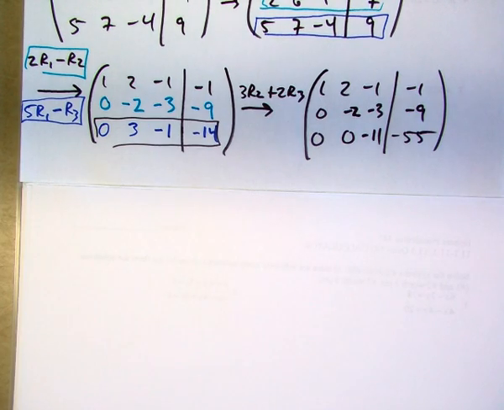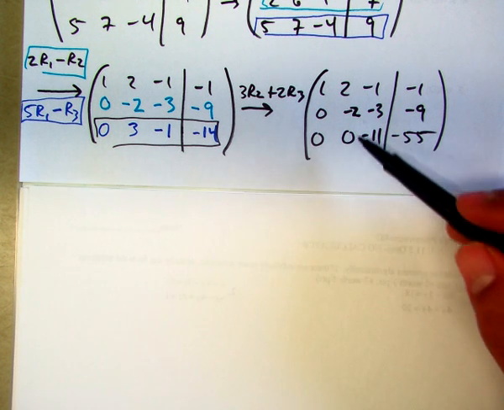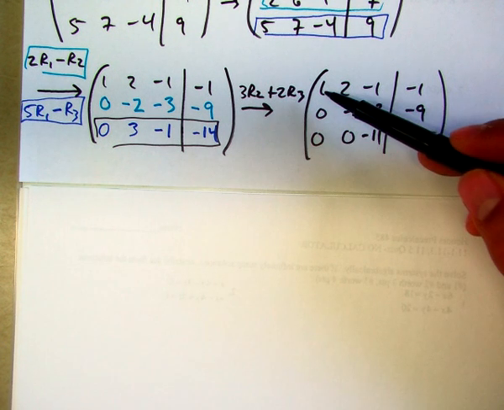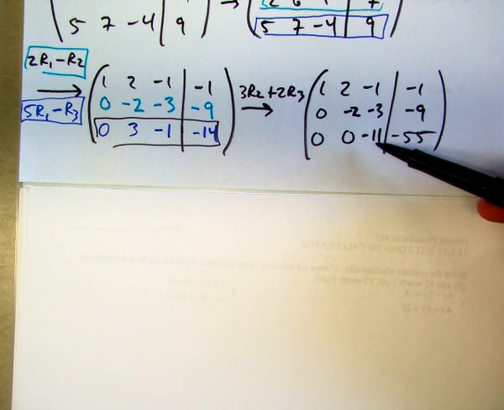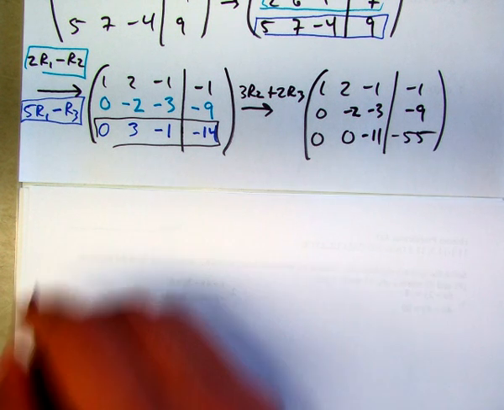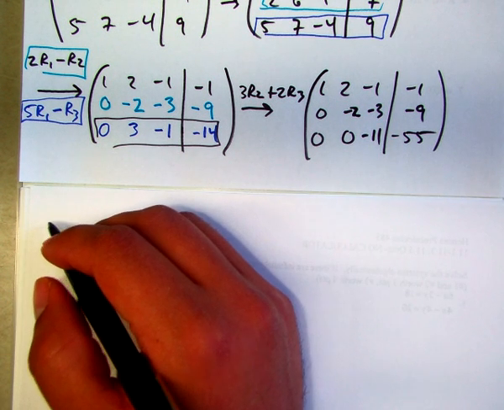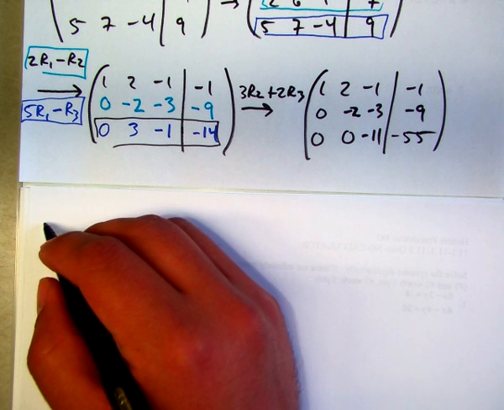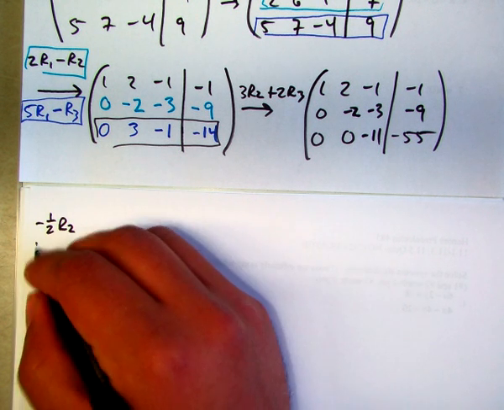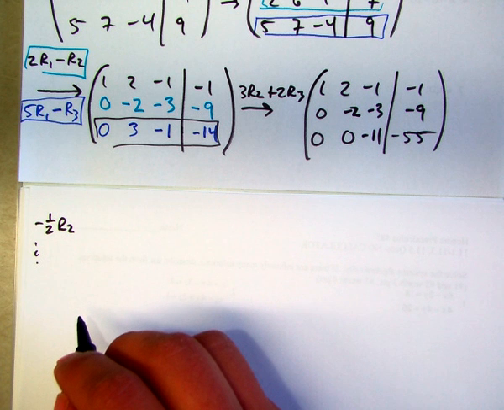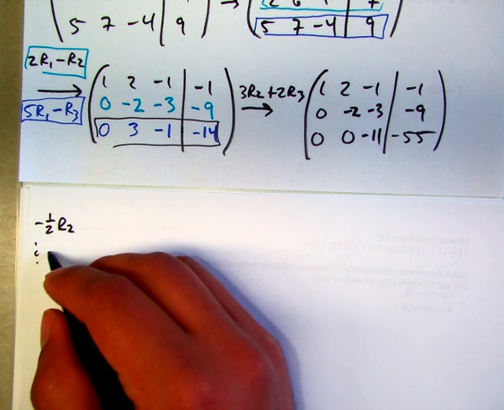Does that make sense? Okay, so now we have all the zeros taken care of. We got this 1 taken care of. All I need is for this to be a 1 and for this to be a 1. So what I could do is multiply row 2 by negative 1/2 and multiply row 3 by negative 1/11.